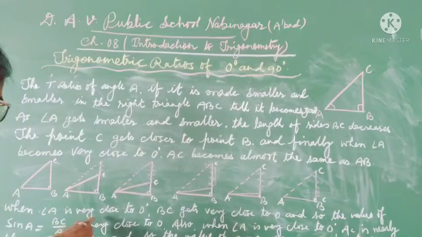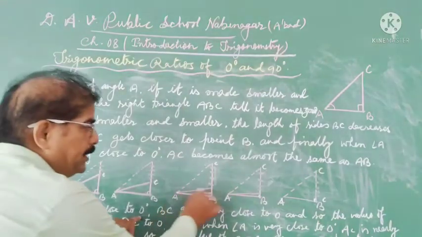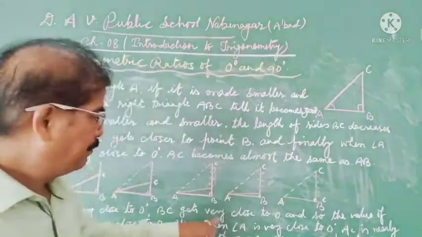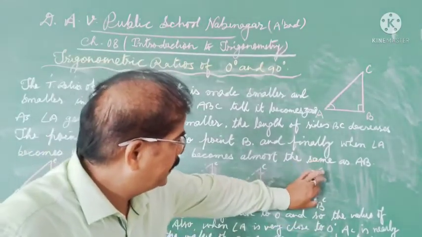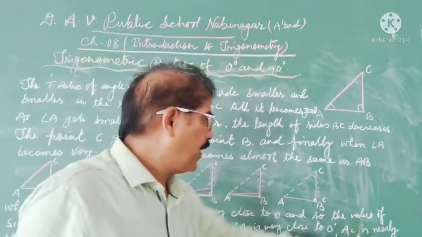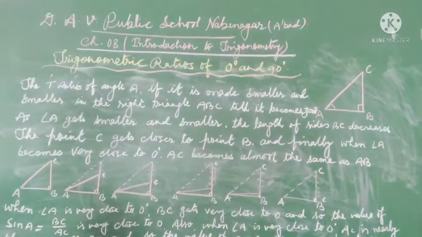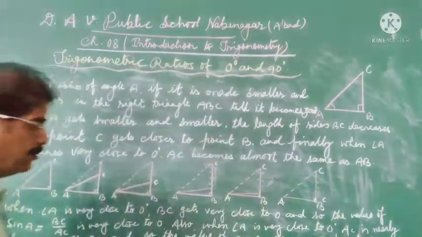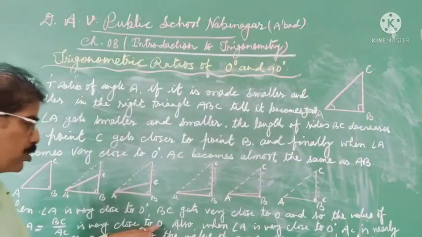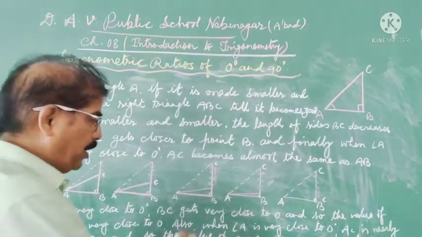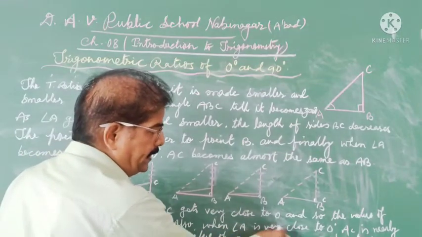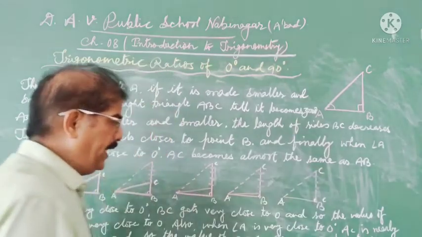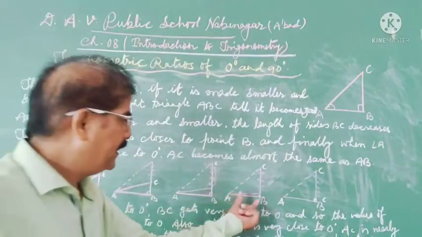So when angle A is very close to 0, BC gets very close to 0. BC is 0, and so the value of sin A, that means BC by AC, becomes very close to 0. And also when angle A is very close to 0, AC is nearly the same as AB.